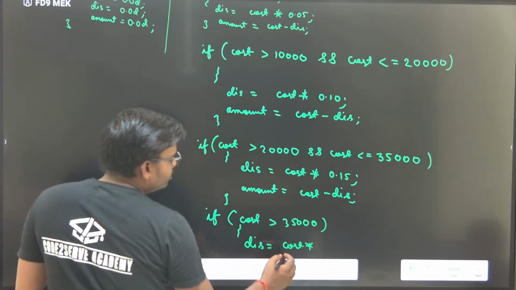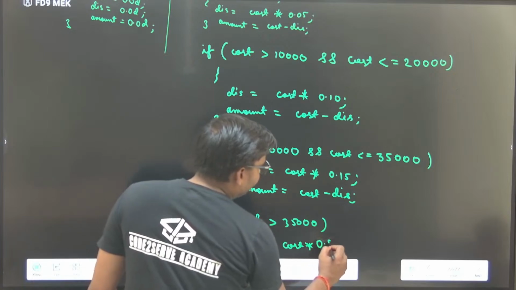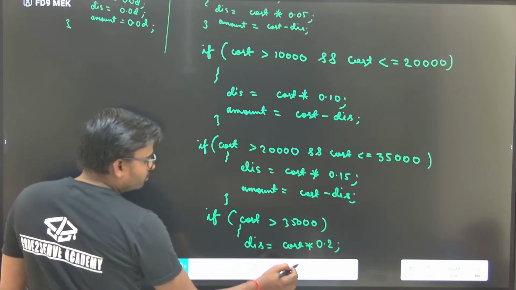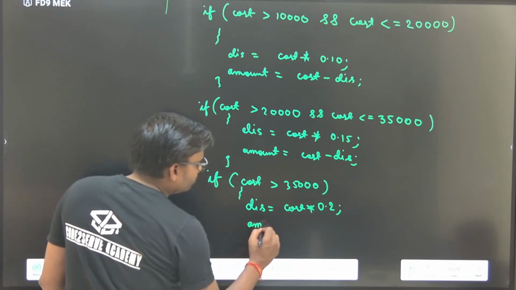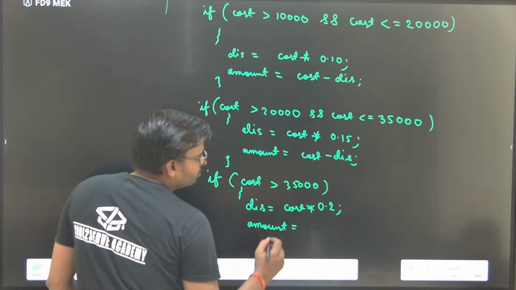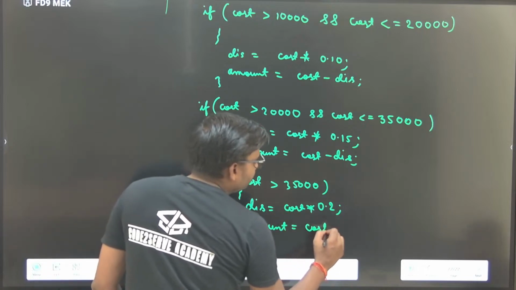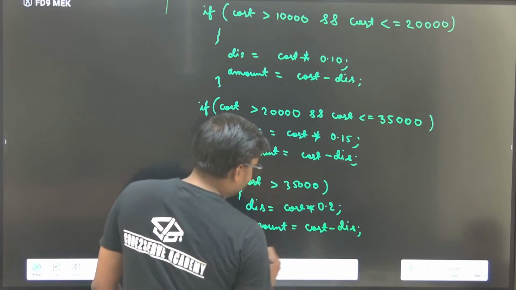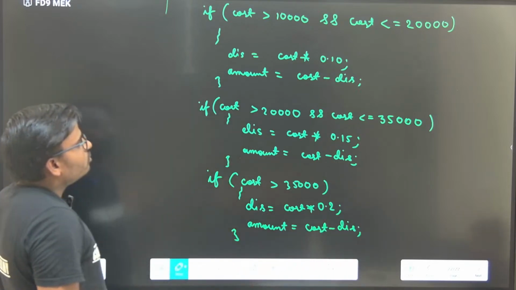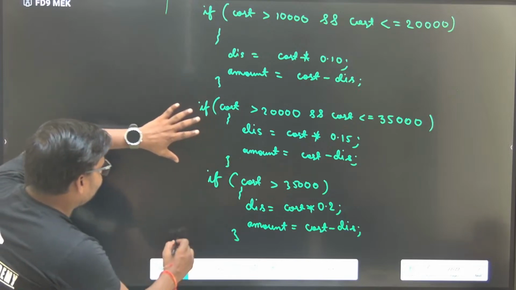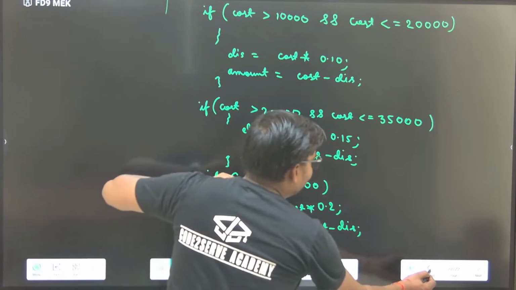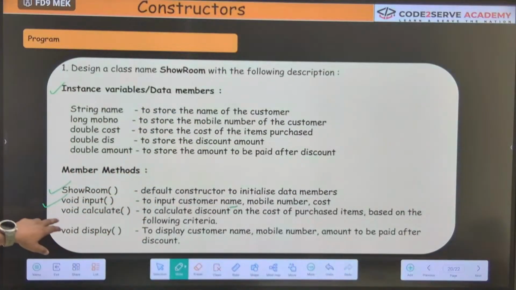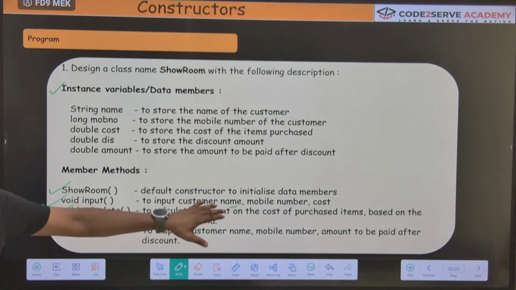So cost into 0.2 and amount is equal to cost minus discount. All right. So this portion is completed. This is the closing of this part. That means we have completed this criteria. We have calculated whatever stuff we required to calculate.